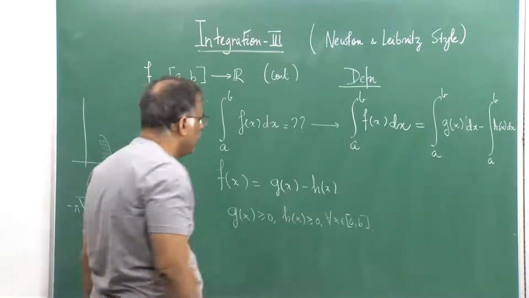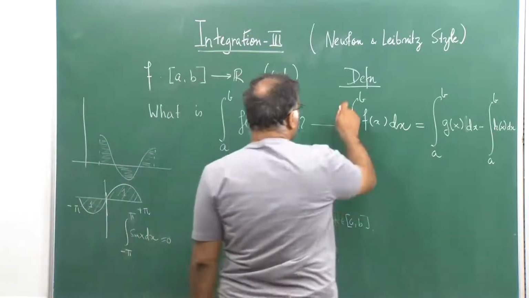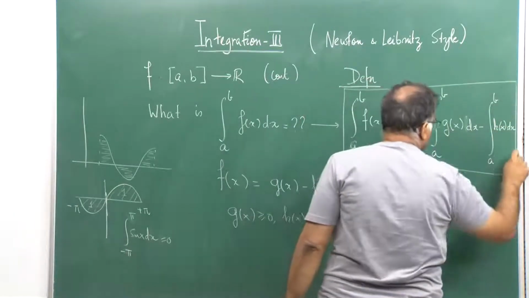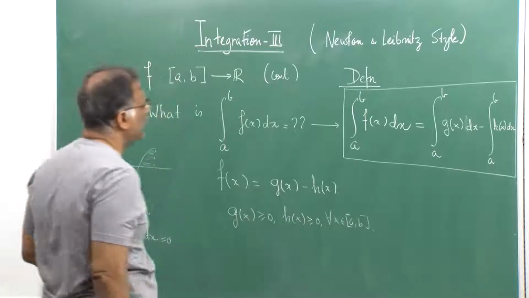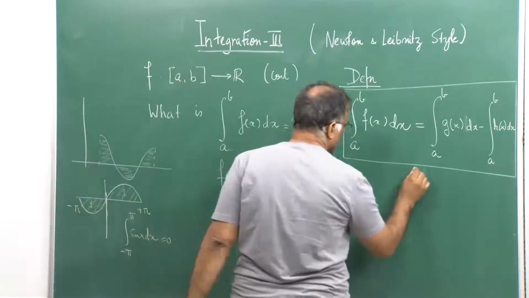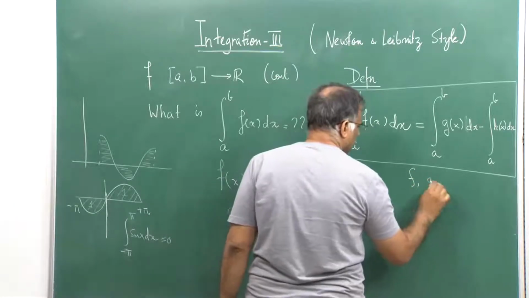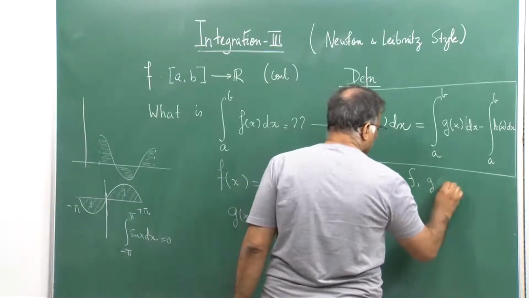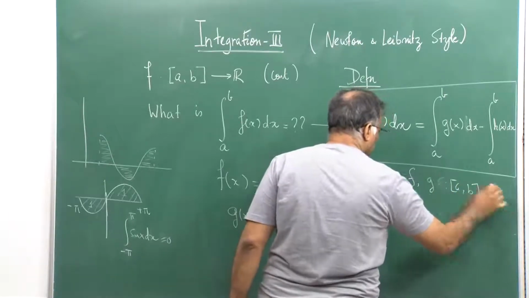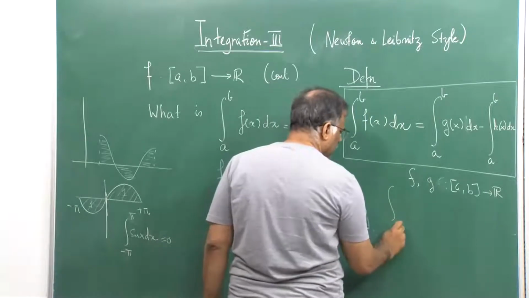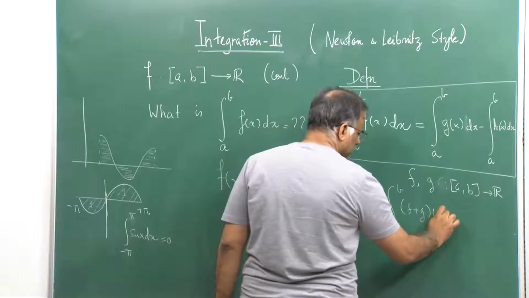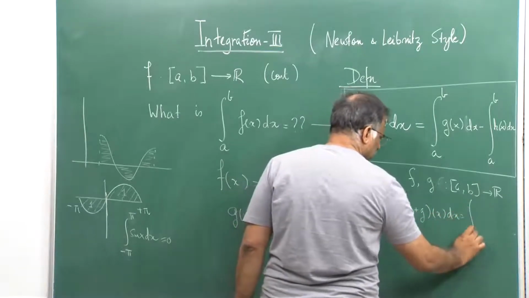Now, once I have defined this, any formula that we know for a non-negative function can be used for these functions. For example, if f and g are functions from [a,b] to R, it doesn't matter whether they are non-negative or not, this would again be true.